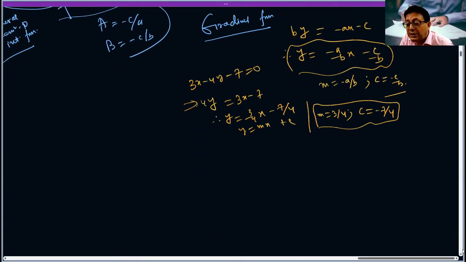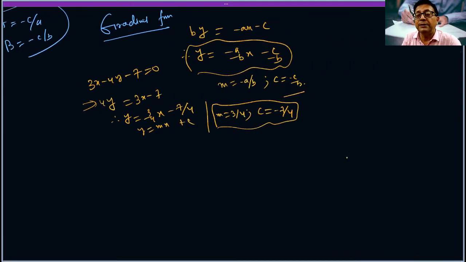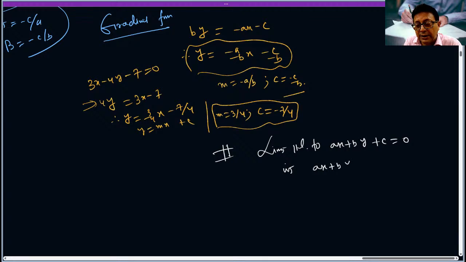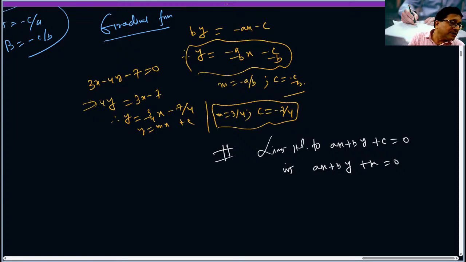Now, one very important thing I have to tell you, because when you are solving problems, we don't have to revise all these things. If you can remember this, it will be of great help. A line parallel to ax plus by plus c equal to 0 is ax plus by plus k equal to 0. Remember it, the change takes place at the constant term.